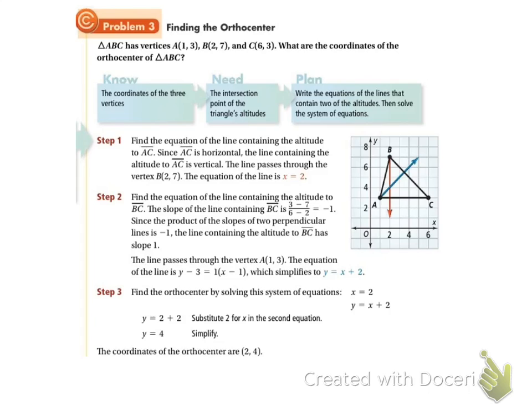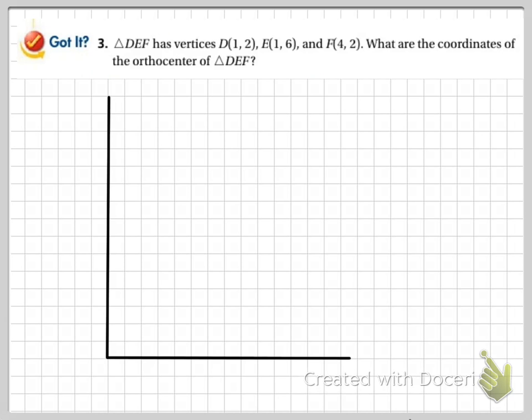Okay, so we can graph and find the orthocenter. Let's try our problem. So I'm going to graph these vertices. D, E, and F. I'm sketching my triangle here.